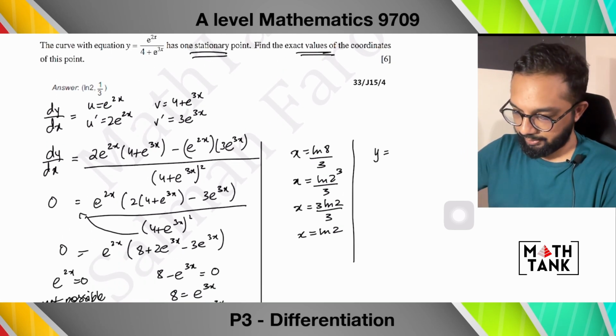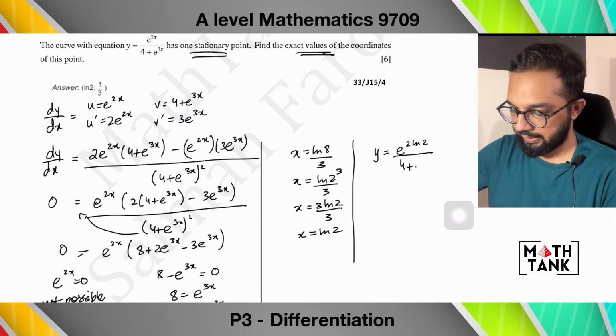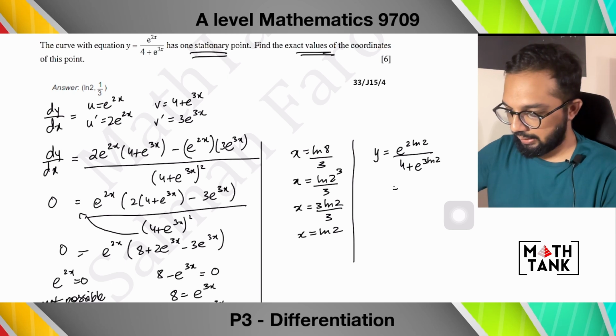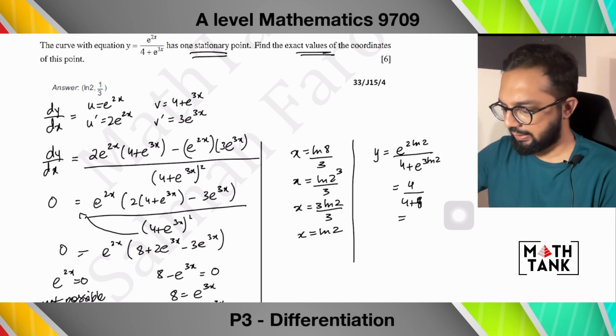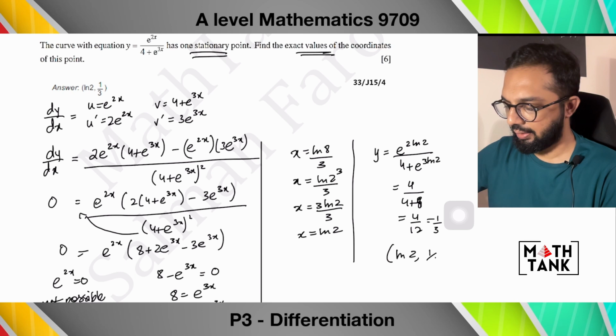Y equals e 2 ln 2 over 4 plus e 3 ln 2. So 2 ln 2 gives me 4, e power ln 4 gives me 4, and 4 plus 9. So I get, no, that's not 9, that's 8. It's 2 cubed. So 4 over 12 gives me 1/3. So ln 2 comma 1/3.